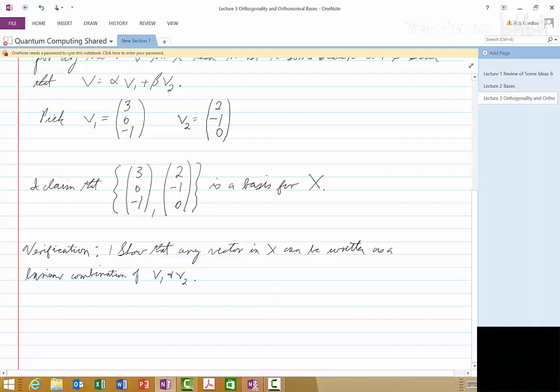That's one part. And then the second part is show that this set of vectors is minimal.